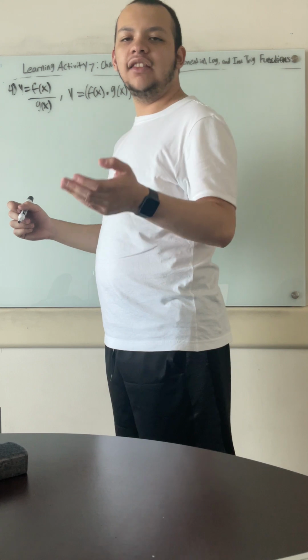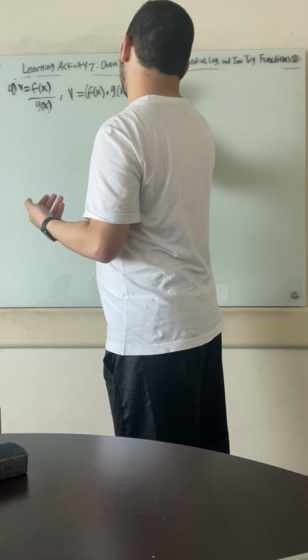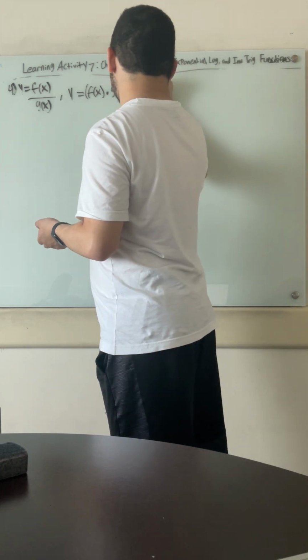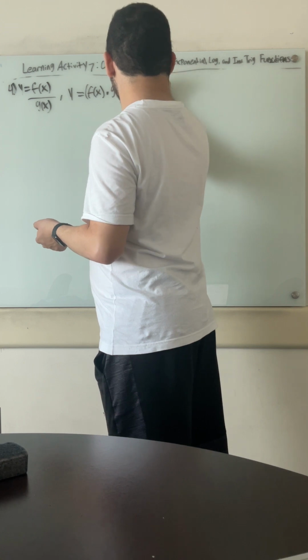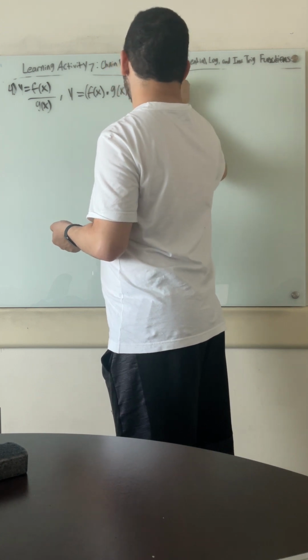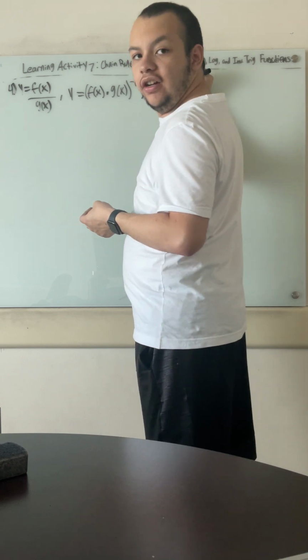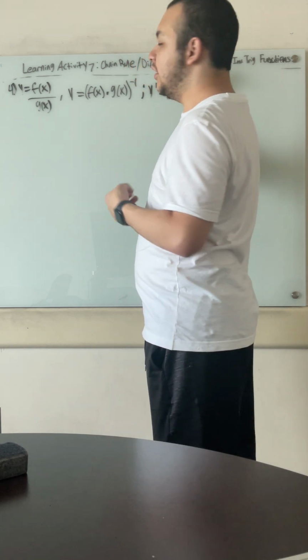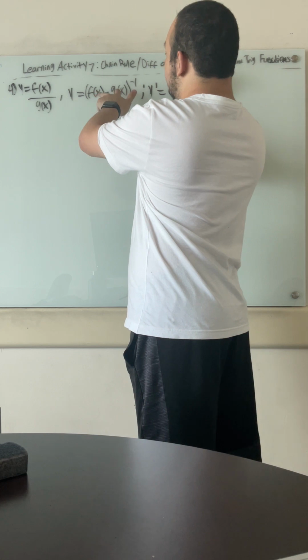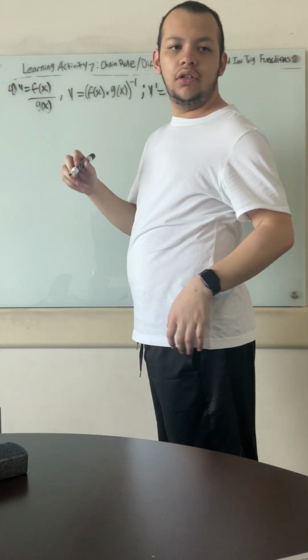And now we would have to write the derivative of this. So in this case, we have y prime is equal to the derivative of, and notice that this is a product rule of derivatives as well.